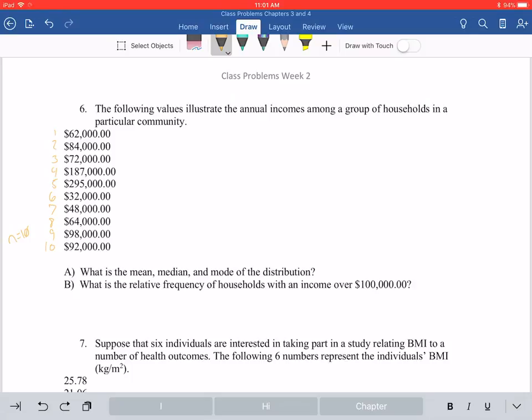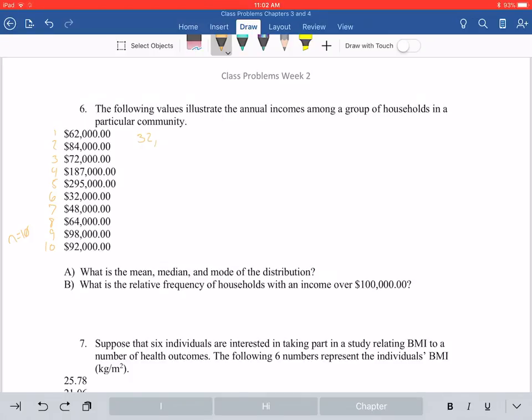For this one, if we're going to find the median and mode, we're going to want to rewrite our data set in order. To make things simpler, all these are in tens of thousands, if not hundreds of thousands. Instead of writing out $32,000, we can simplify this, and 32 is going to be our first data point.